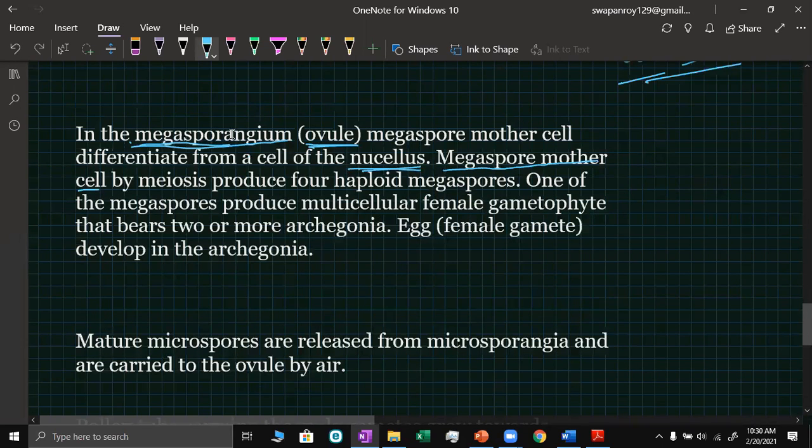Remember, within the megasporangium the nucellus is the main part. From there the megaspore mother cell develops, and this megaspore mother cell divides by meiosis and produces four megaspores.